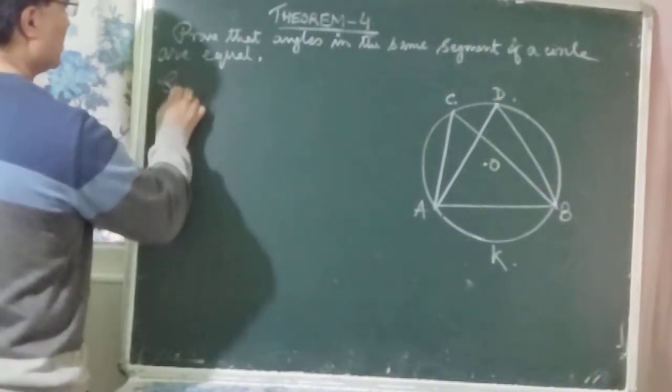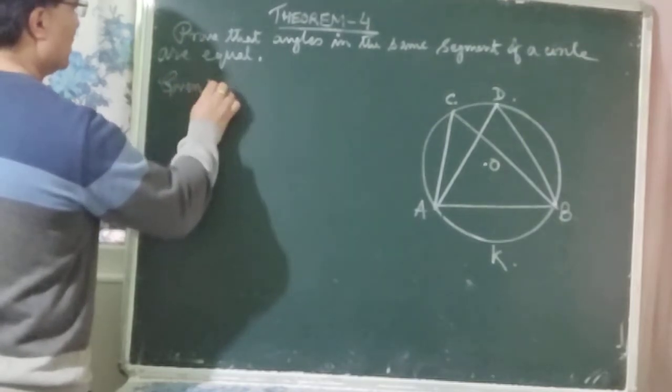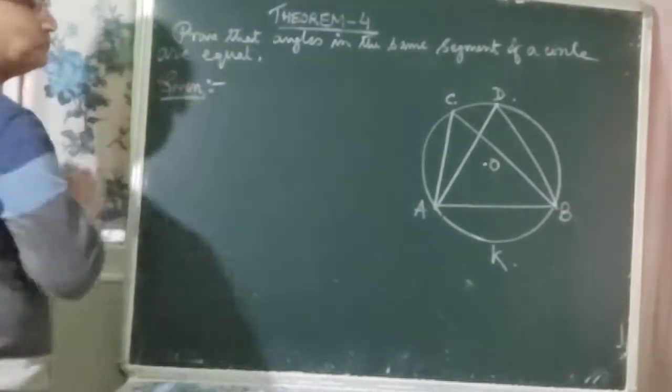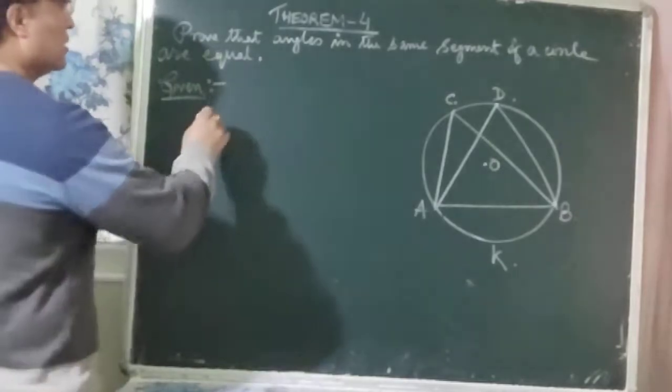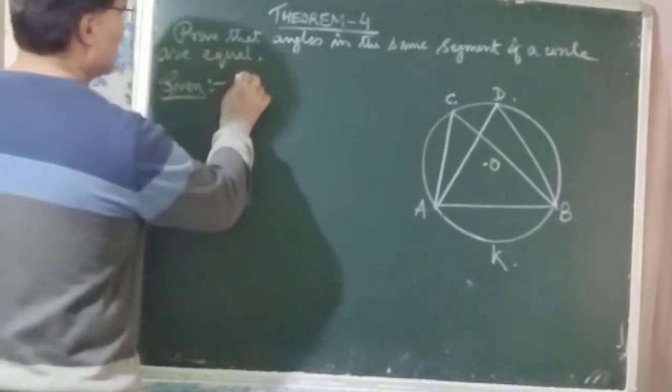Now first of all you have to write down the given. So what is given here?